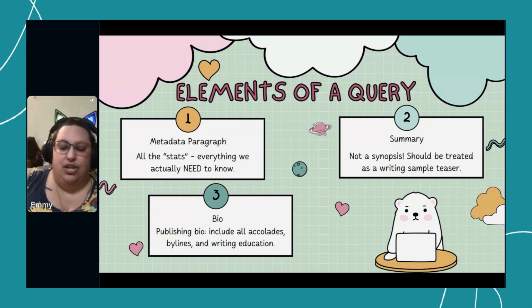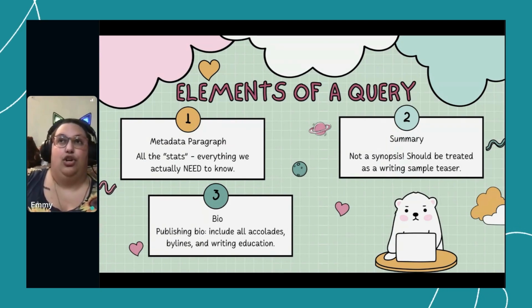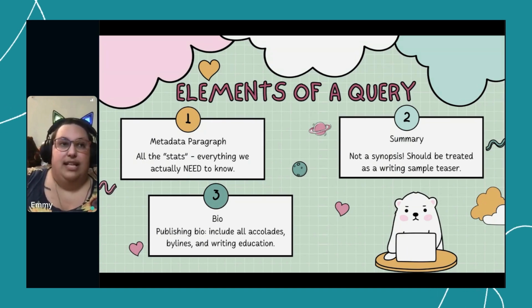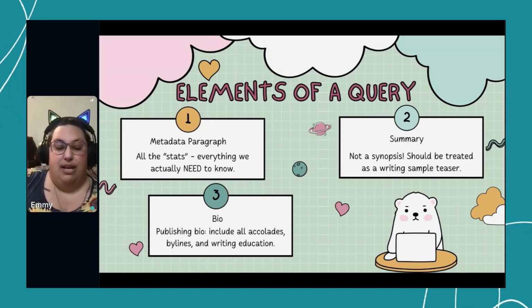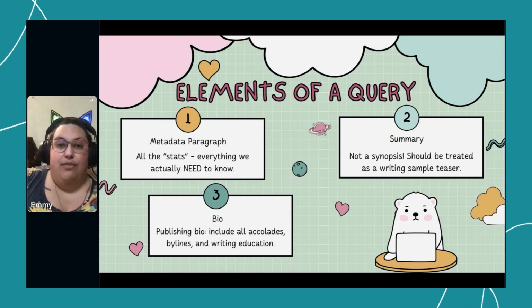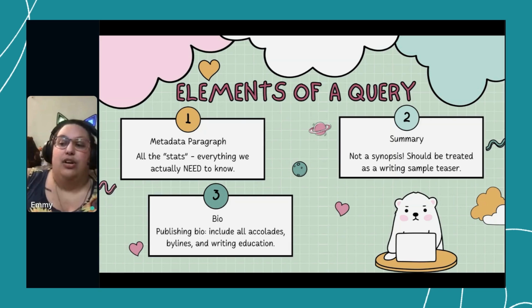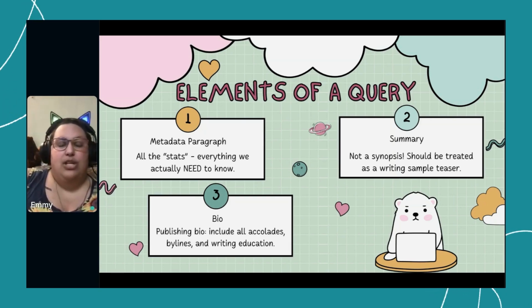We get so many queries, and a lot of the time these queries go through some sort of system. For example, at Westwood, we have a central inbox where all of our submissions come in for all of our agents. One of our agents in training or one of our staff goes through all of them, makes sure they get to the right people, and makes sure they have all the materials in the query letter that we need.